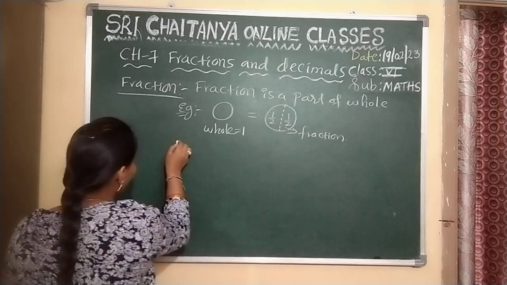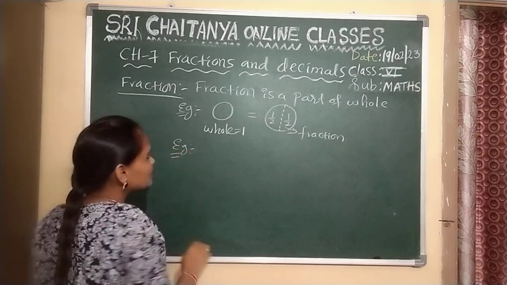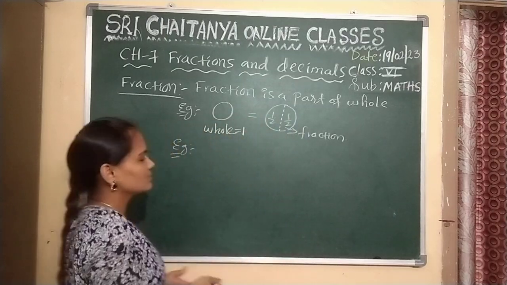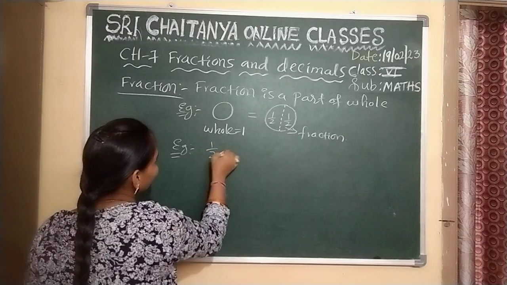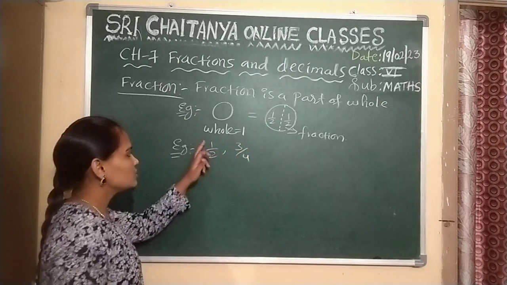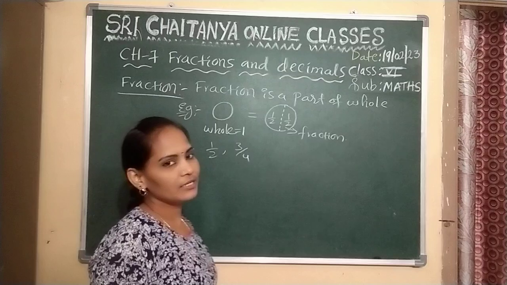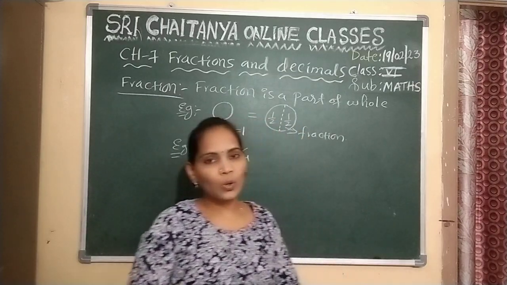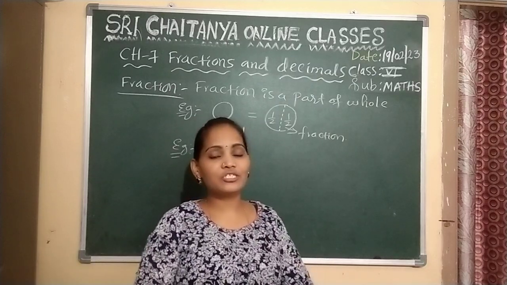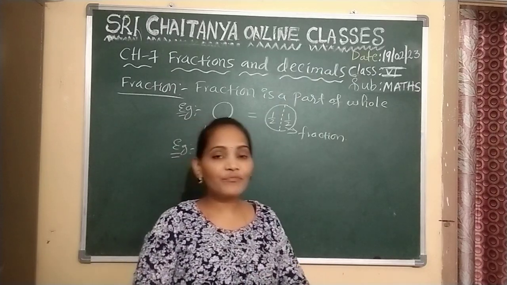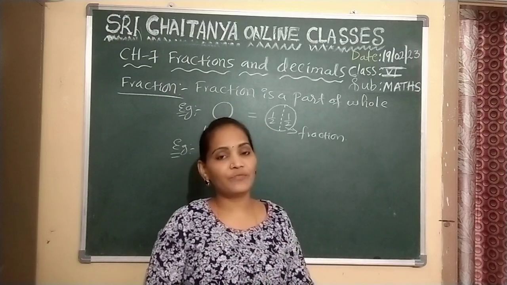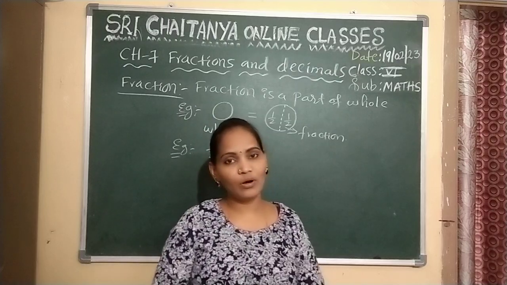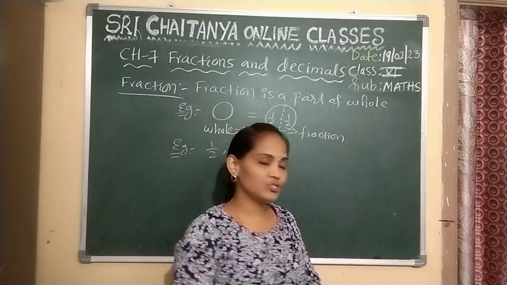In this fraction you have a numerator and a denominator. See, this is the numerator, this is the denominator. And the general definition of a fraction: a fraction is in the form a by b, where a and b are whole numbers or natural numbers.